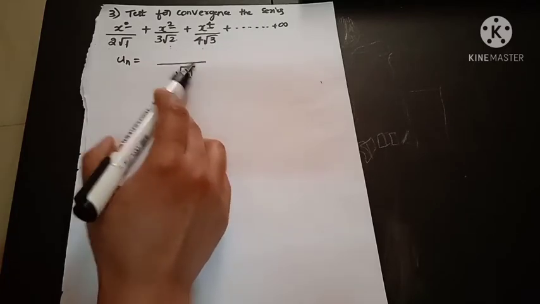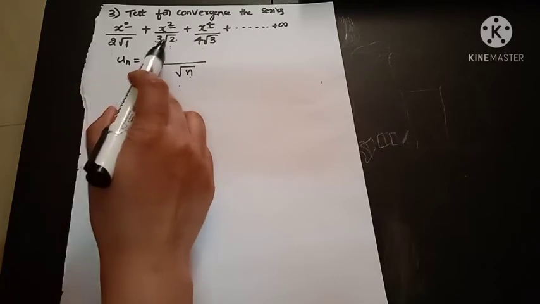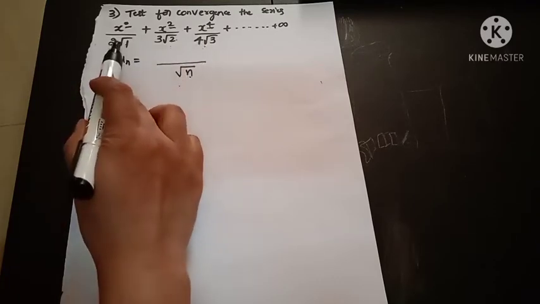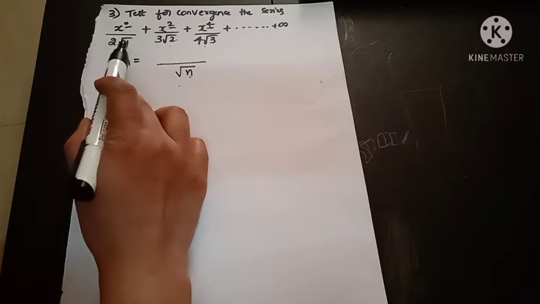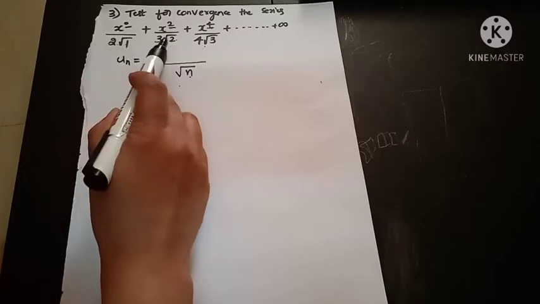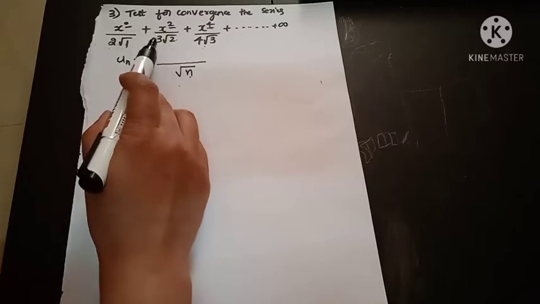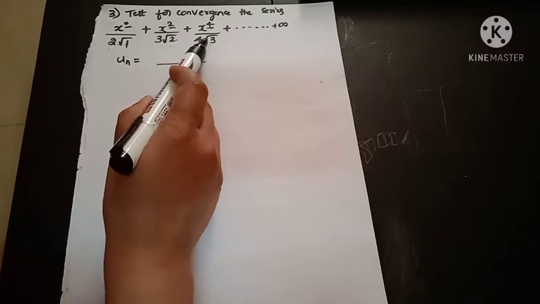And here is 2, 3, 4, and we note that 2 is 1 plus 1, 3 is 2 plus 1, 4 is 3 plus 1.